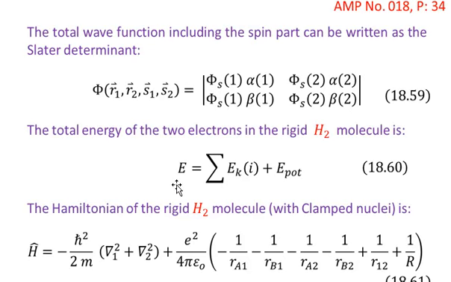So the total energy E of the H2 molecule will be equal to the summation over kinetic energies of the individual particles, because i stands for particle 1 and particle 2, for example electron 1 and electron 2, plus the potential energy of the system. So this total energy of the H2 molecule, written on the left hand side as E, is equal to the summation over all kinetic energies of the particles plus the potential energy of the system.